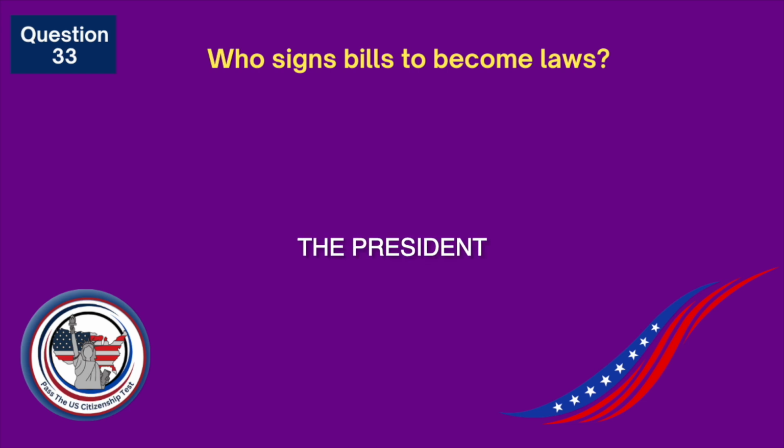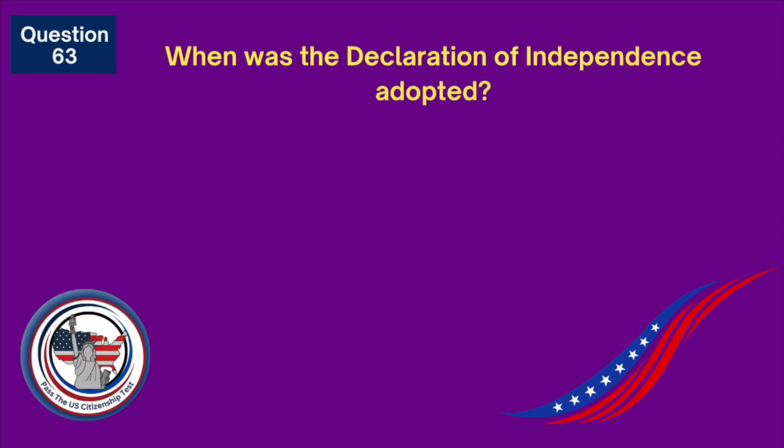The President. When was the Declaration of Independence adopted? July 4, 1776.